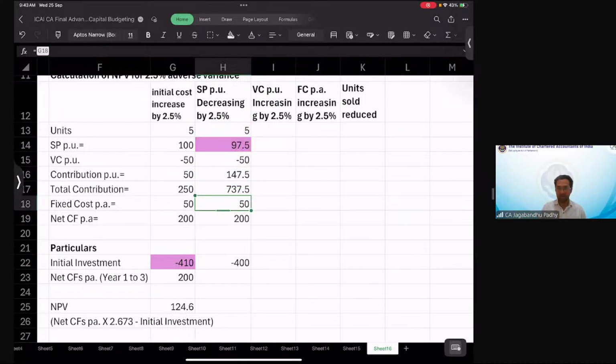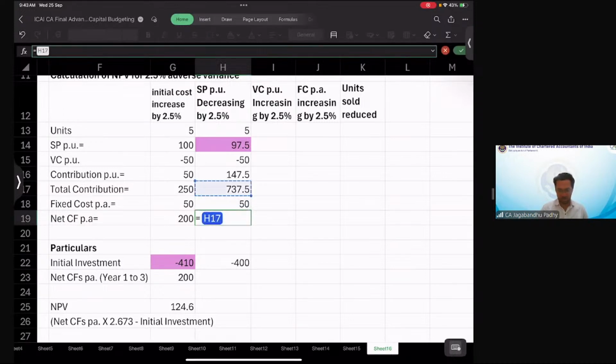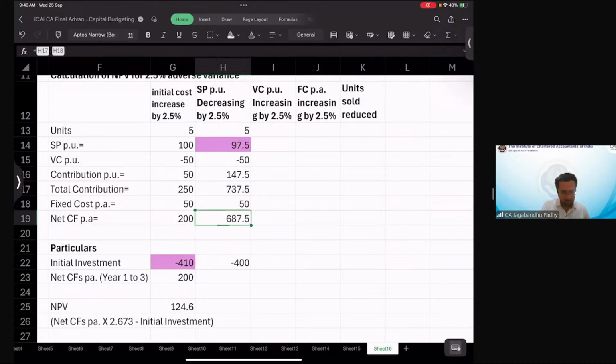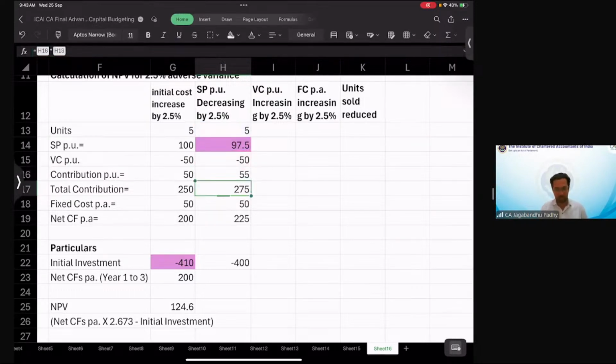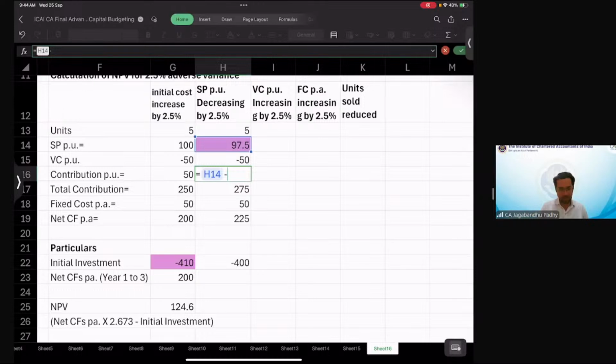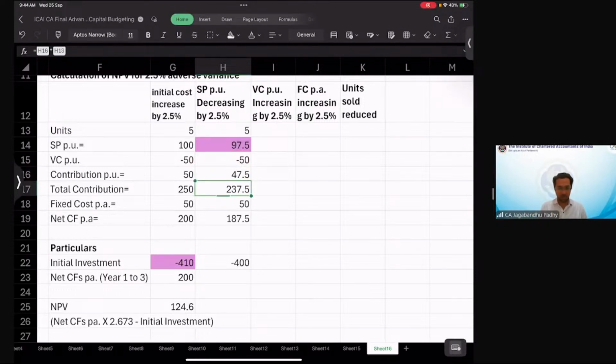Then the fixed cost per annum is 50 and is subtracted, and we have the net cash flow per annum to be 187.5.